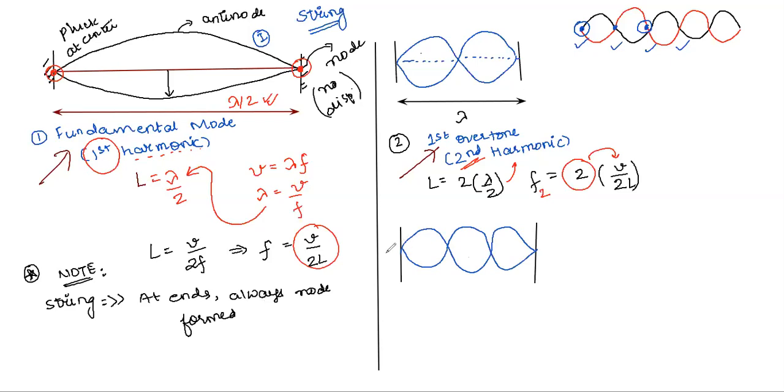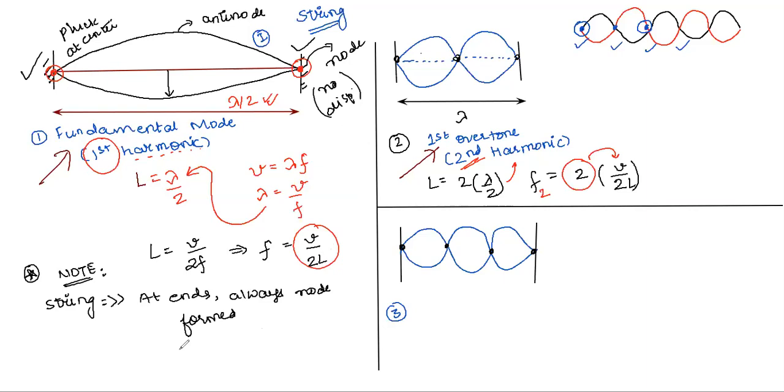So we have, see here, 1, 2, 3, and 4, right? Initially we had 2 nodes. This was 1 and this was 2 in the first case. In the second case, we had 3 nodes, right? Now we have 4 nodes, and we can clearly see that along with 4 nodes, we have 3 antinodes in this case. So this is case number 3, and we will call this the second overtone.